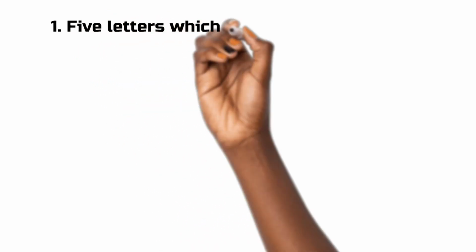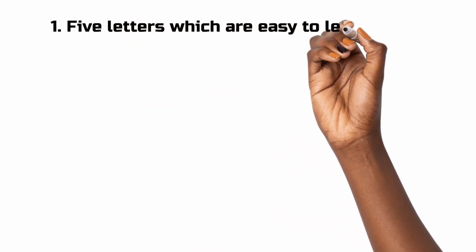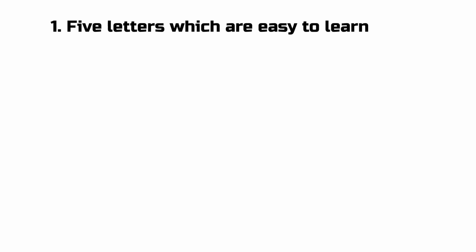To make these 33 letters easier to learn, we will put them into 4 groups. As we move along, try to sound these letters as best as you can. Group 1. There are 5 letters which are easy to learn. This is because they sound similar to that of the English alphabet.